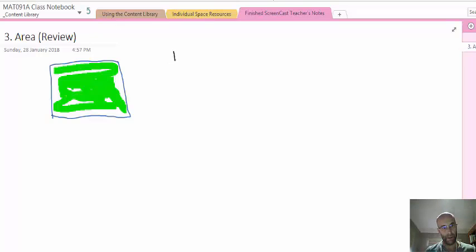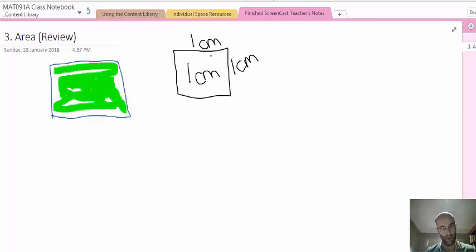If we have a square, which mine's not a very good one, if that happened to be 1 centimetre side lengths on all four sides, the area is 1 centimetre squared.